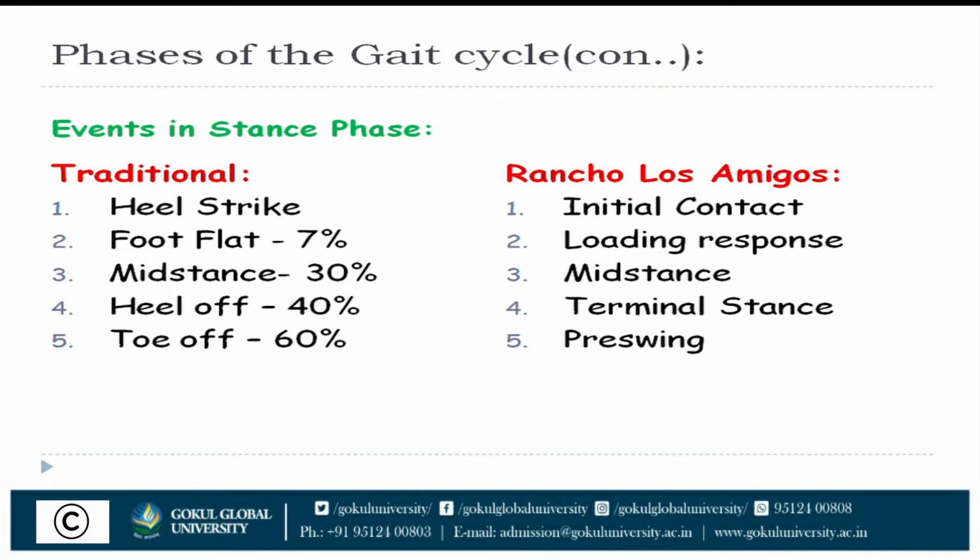Phases of gait cycle: events in stance phase. In the traditional terminology, first is heel strike, second is foot flat at 7%, third is mid stance at 30%, fourth is heel off at 40%, and fifth is toe off at 60%. In Rancho Los Amigos terminology: first, initial contact, second, loading response, third, mid stance, fourth, terminal stance, fifth, pre-swing.